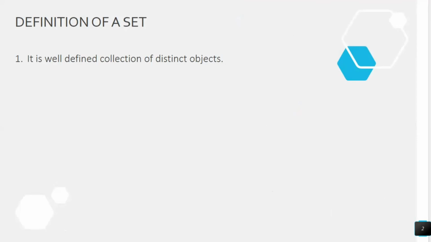What is the basic definition of a set? It is a well-defined collection of distinct objects. We will see it in examples, so it will be clear to all of you. Each object is called an element or member of a set.